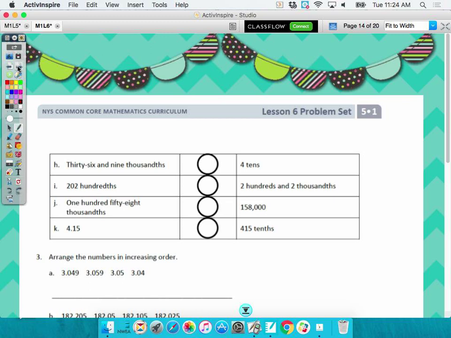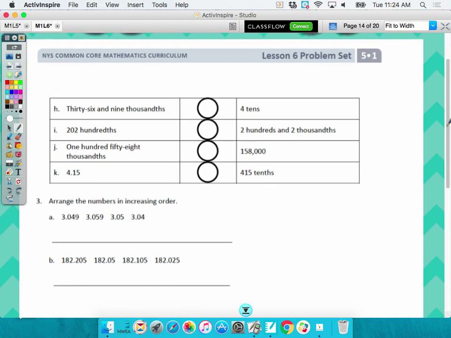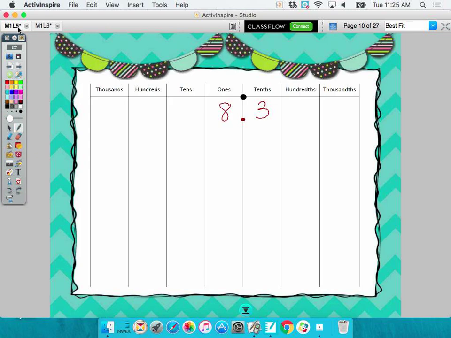Now just a minute. I want to show you on the place value chart for this one. 36 and 9 thousandths. Get your place value chart. Write 36 and 9 thousandths on there. Now, where would I put the 4 for 4 tens, Cooper? Oh.